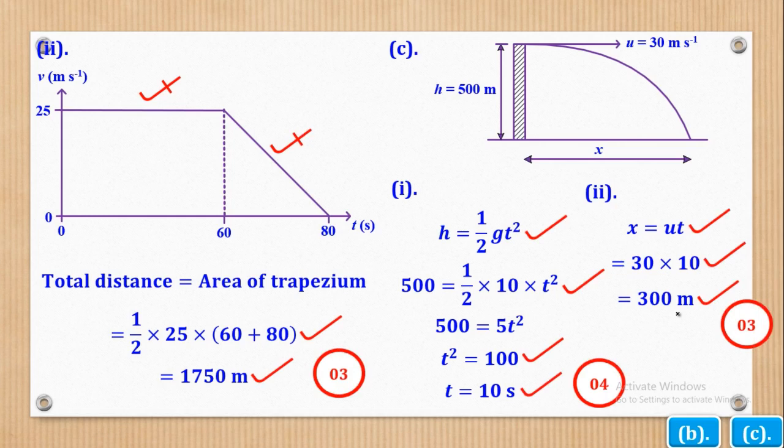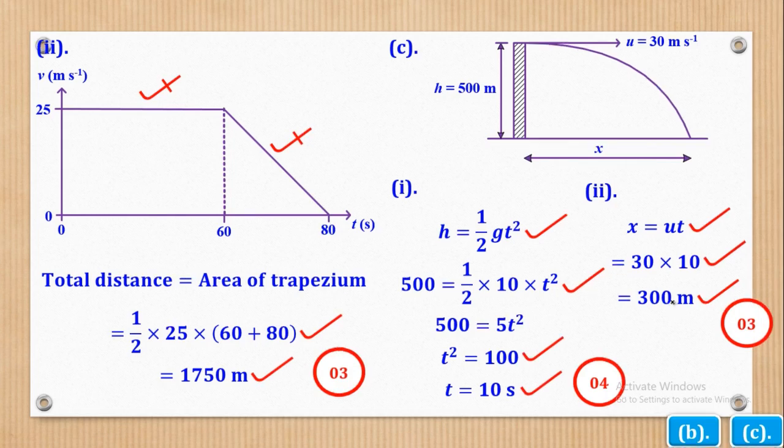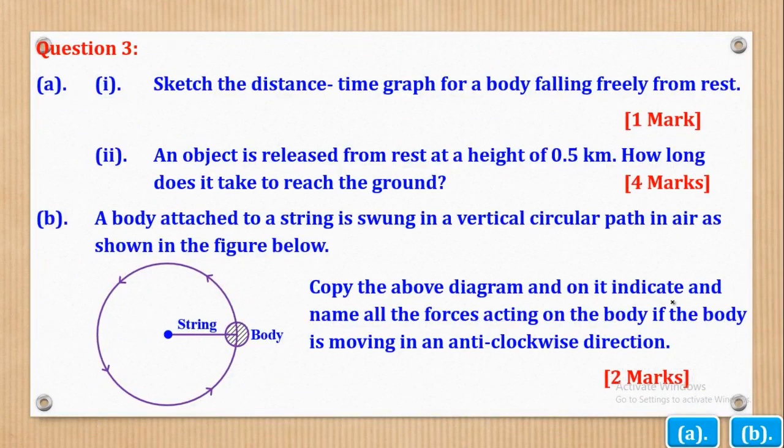So that's how marks for this slide would be awarded. Now we shall go to question 3. Question 3, part A, Roman 1 says, sketch the distance time graph for a body falling freely from rest.